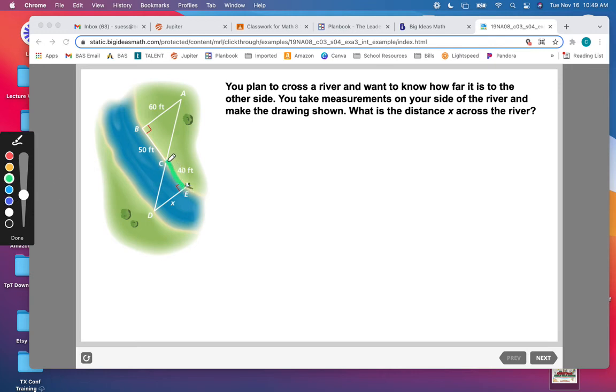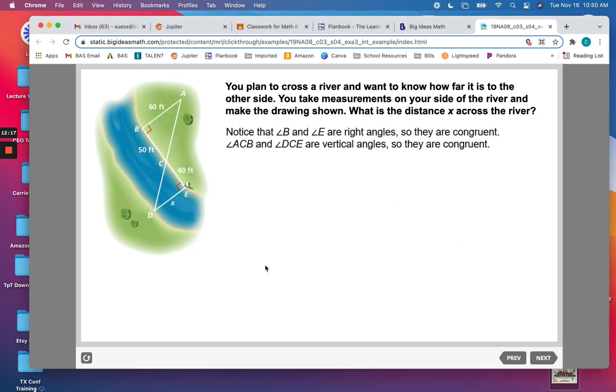So I can say this small triangle base compared to this triangle base, so that would be 40 over 50, should equal x over 60. I can say 40 over 50, because that's a proportion of the two similar triangles, equals x over 60. Then how do I solve for x? Cross multiply and divide. Now let's see if this is how they wanted you to do it.